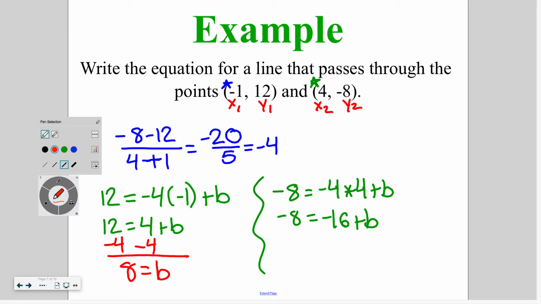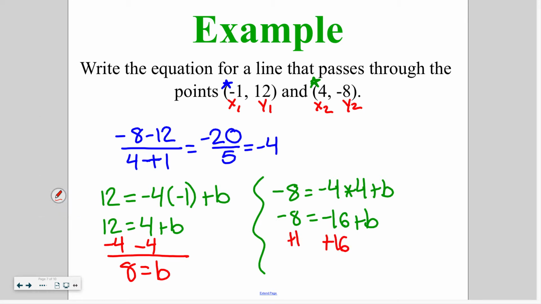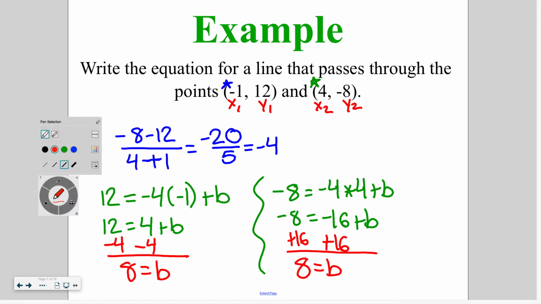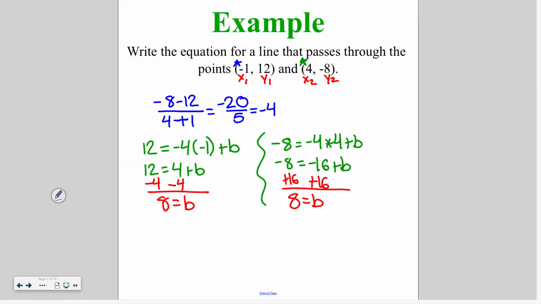Solving that equation, you're going to have to add 16 to both sides. -8 plus 16 is equal, again, to 8. So it doesn't matter if you pick point 1 or point 2 for your point to plug in, you are going to get the same answer, which gives us the final answer of y is equal to -4x plus 8.